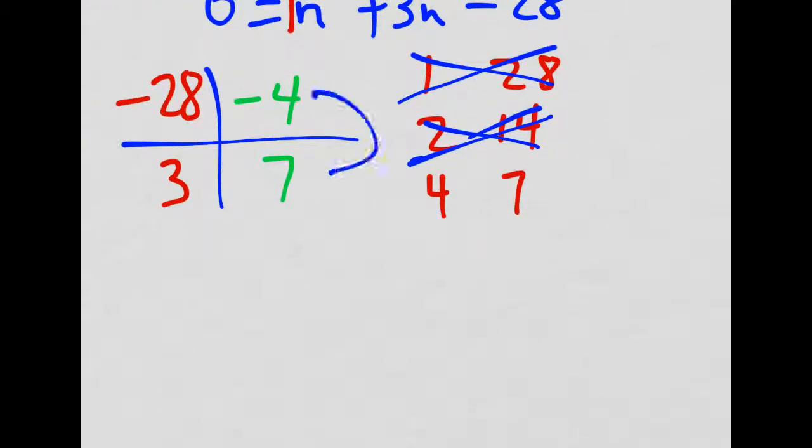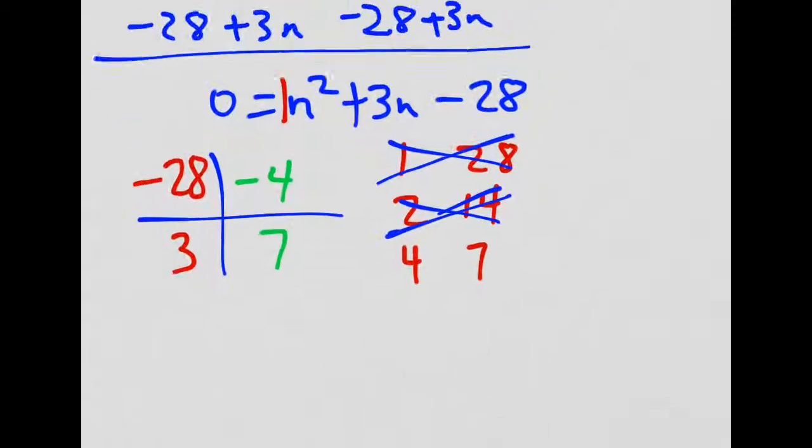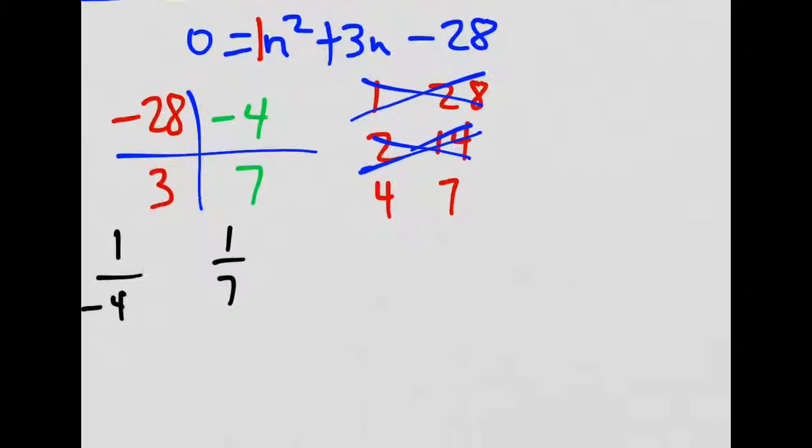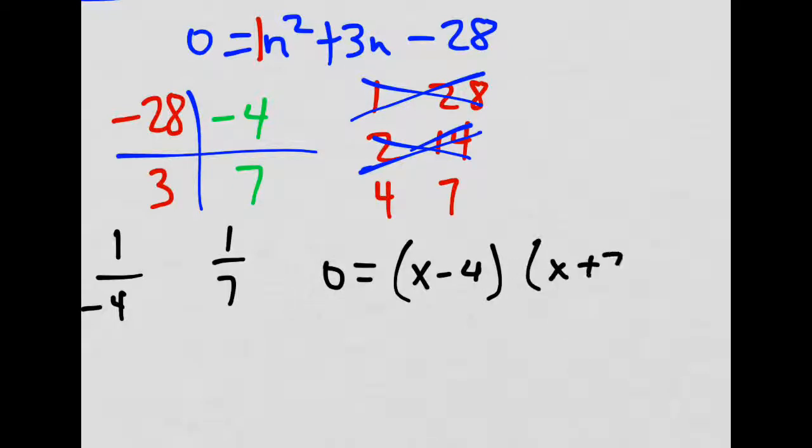I want these two numbers to equal positive 3. What is a? A is 1, so I need 1 over negative 4 and 1 over 7. So then, can I simplify either of those fractions? No. So I got 0 is equal to x minus 4 and x plus 7.